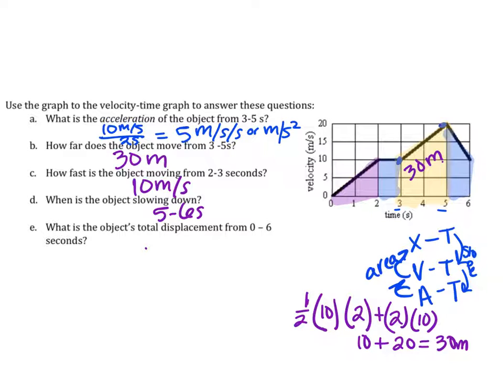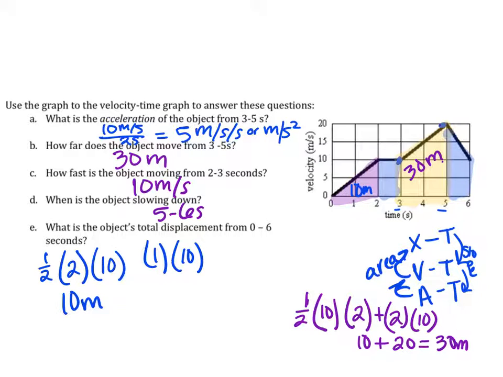For the first triangle, you have 1/2 times 2 seconds times a height of 10, which equals 10 meters. Then for the next box, it's just a width of 1 second times the height of 10, so you don't even have to work any math out. It's just 10 meters. Lastly, we have this triangle and box combo.